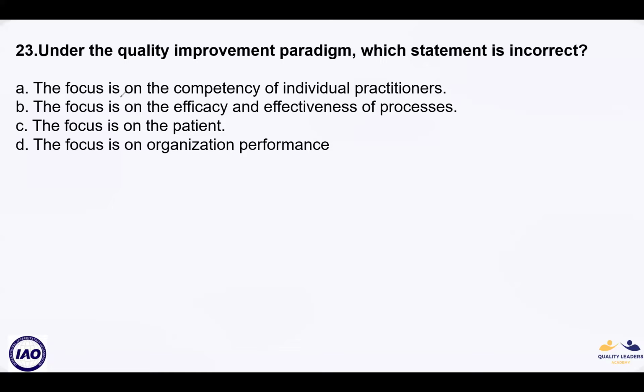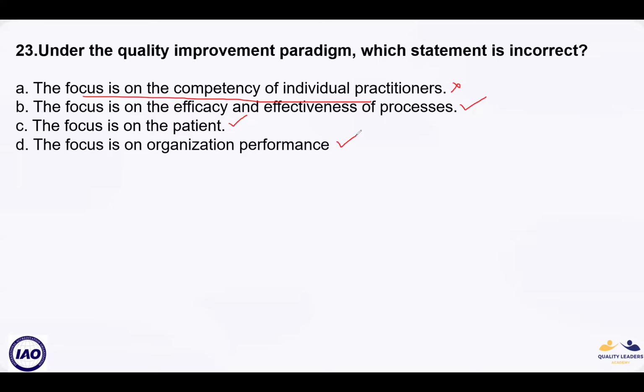Does quality improvement focus on competency of individual practitioners? No. The focus is on efficacy and effectiveness of processes. Yes. The focus is on the patient. Yes, because QI is patient centric. The focus is on organization performance. Yes.